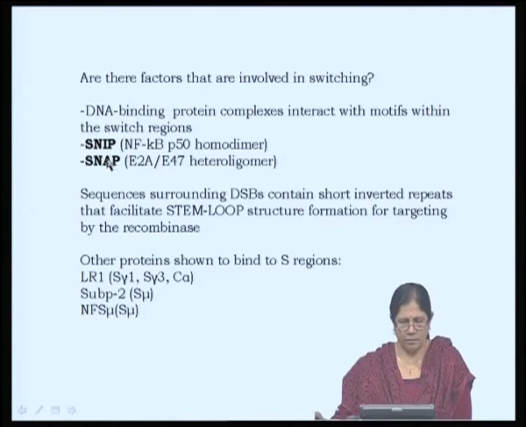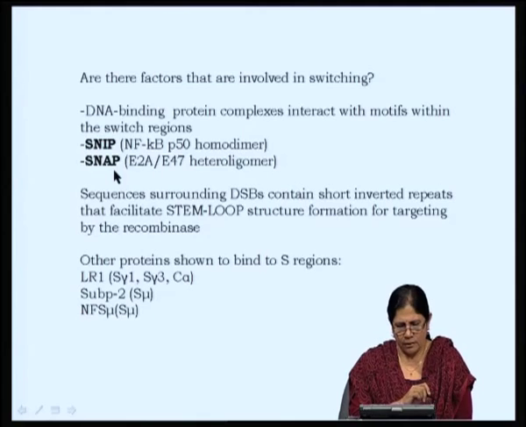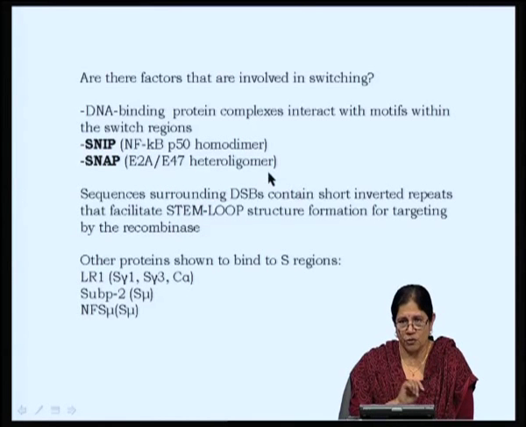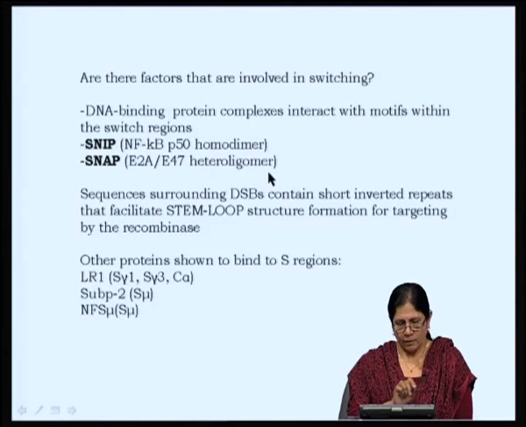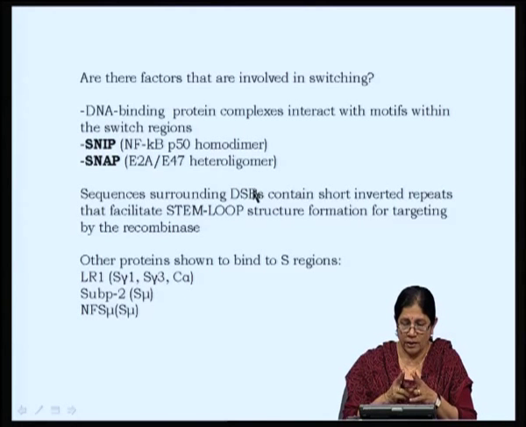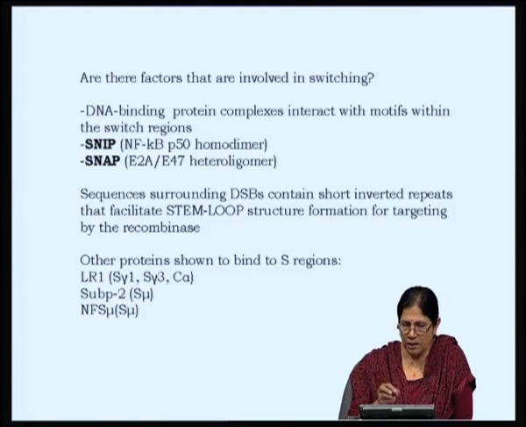There are two such candidates that have been discovered, called SNIP and SNAP. SNIP is the NF kappa B p50 homodimer and SNAP is the E2A E47 hetero-oligomer. Now, what has also been seen is sequences surrounding the double strand breaks, when the cutting in the switch region takes place by the activation induced deaminase.